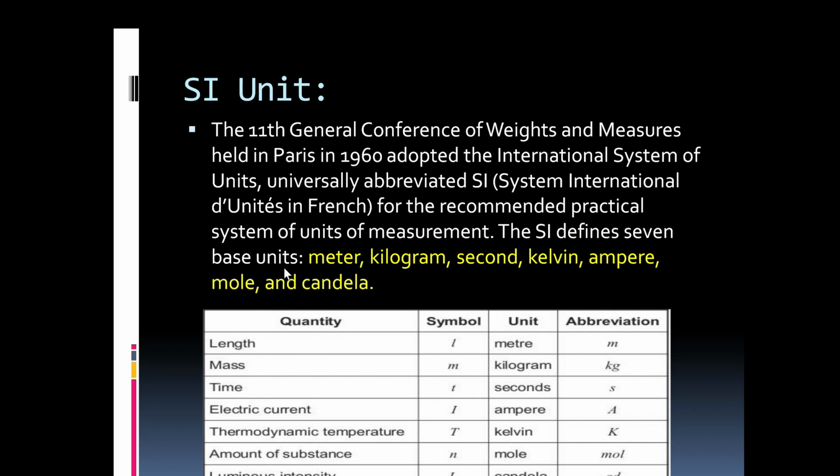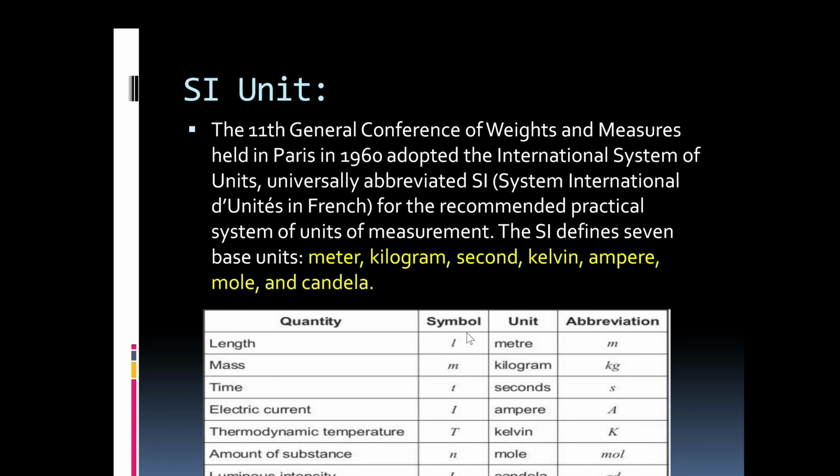Just look at this table, which I have taken from your textbook. Physical quantities, base quantities have been given here, with their symbols, units and abbreviations. So these are the 7 base quantities along with their unit, abbreviation and symbol.